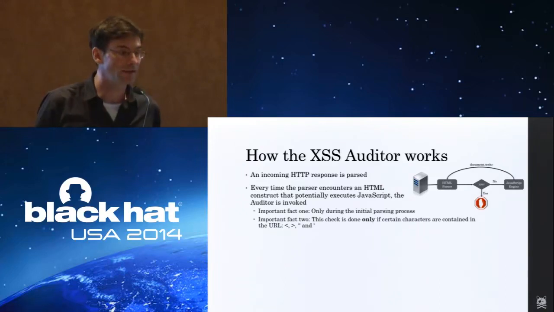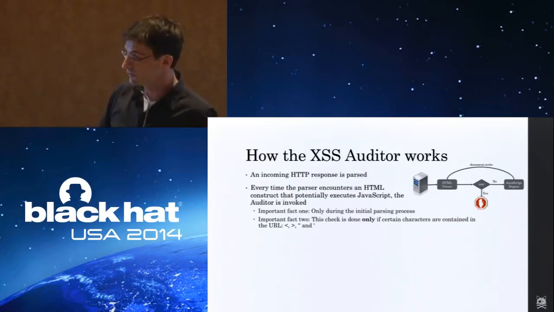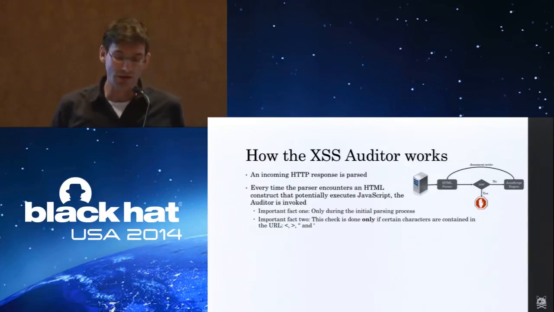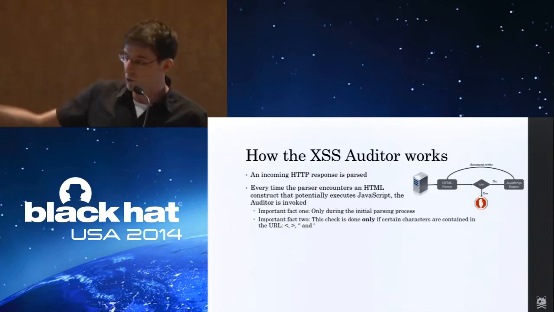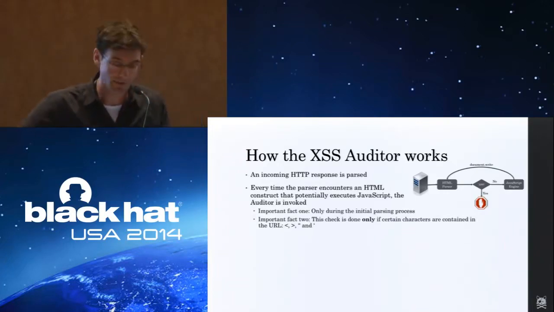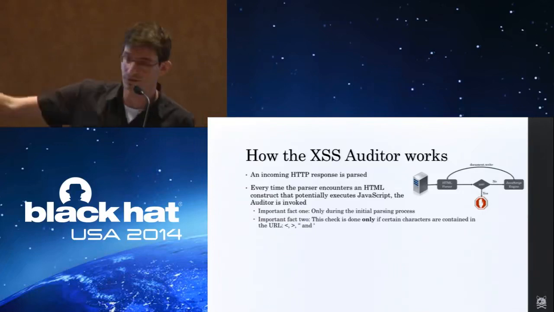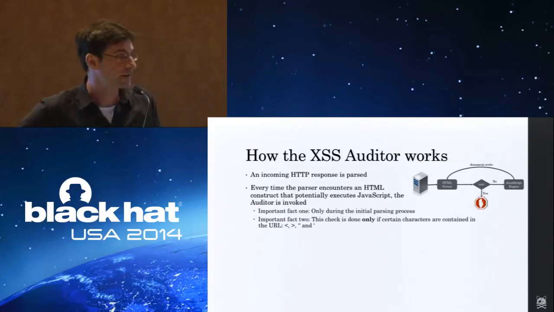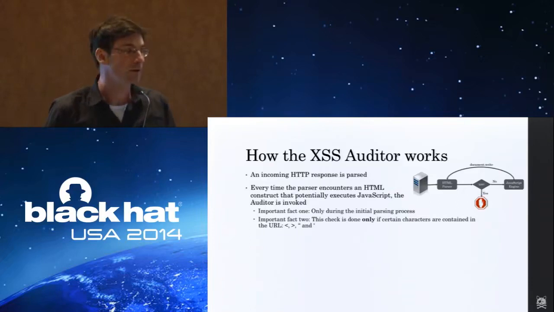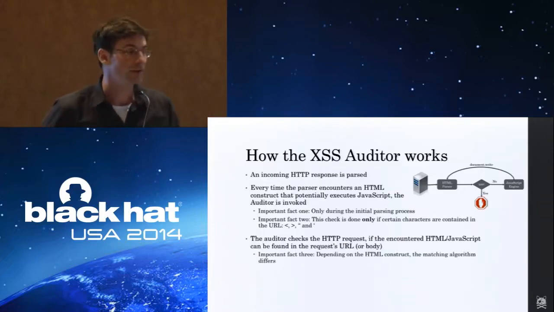So the philosophy behind this is for the vast majority of all cross-site scripting attacks, you need at least one of the following characters to be able to do your injection, because you always have to break out of a certain syntactic context to create your JavaScript context that is executed. And more specifically, these 4 dangerous characters are the opening and closing, what are they called in English? You know, the greater sign and lesser sign. And the double quotes and single quotes. And if you don't have greater or lesser signs, double quotes or single quotes in the URL, the next step, this step, is not invoked.